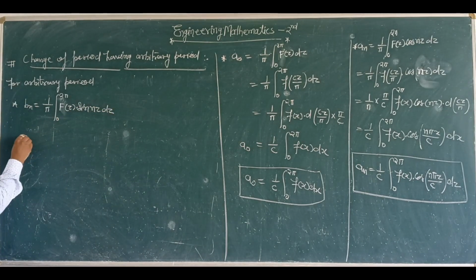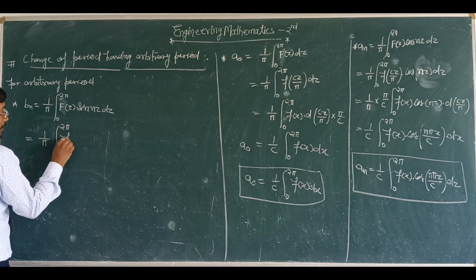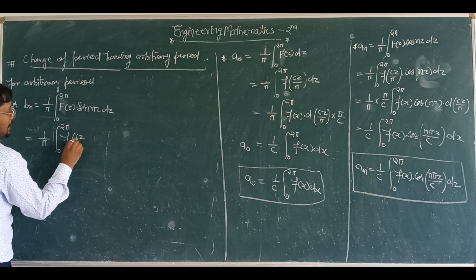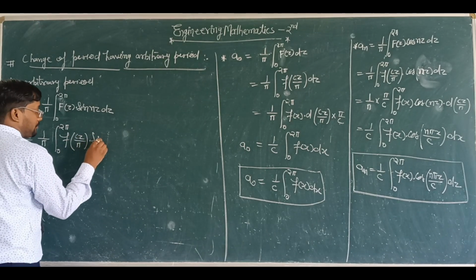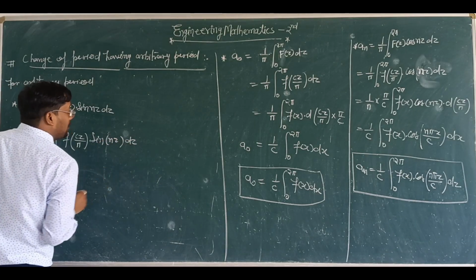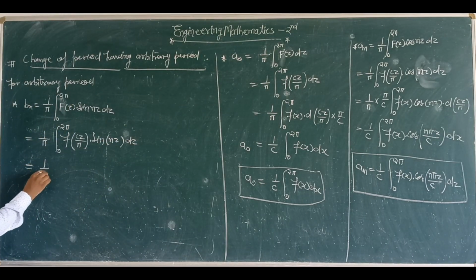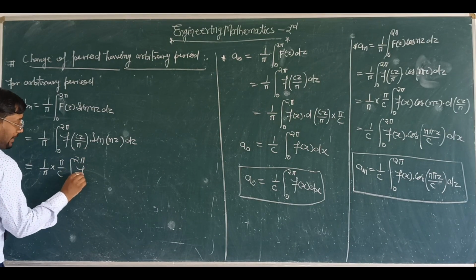You can put the value of this, you can write pi integration 0 to 2 pi small f(cz upon pi) into sine nz into dz. You can similarly write 1 upon pi into pi upon c integration 0 to 2 pi. This is a value of f(x).